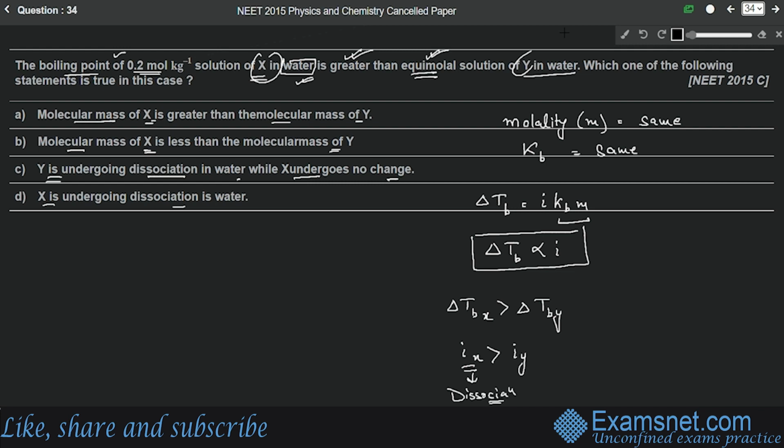So the correct answer will be option number D. Option C cannot be correct because if Y would undergo dissociation, then its i would be greater. Okay, but it is not so. Then molecular masses will have no effect since overall molality is same. So option number D will be the correct answer.